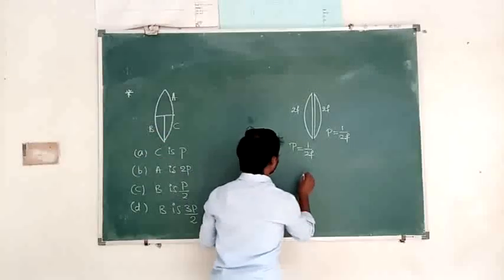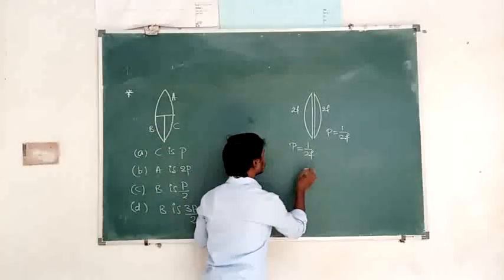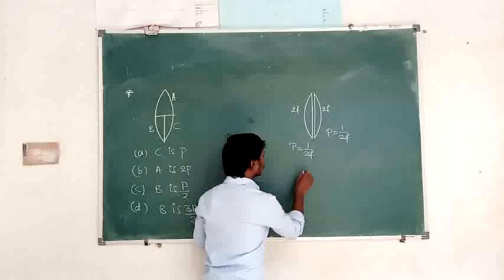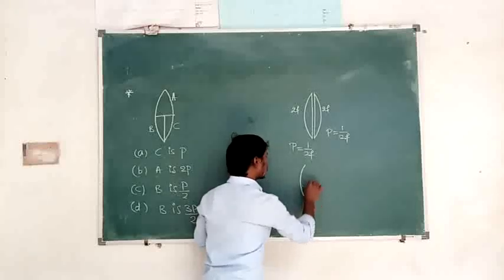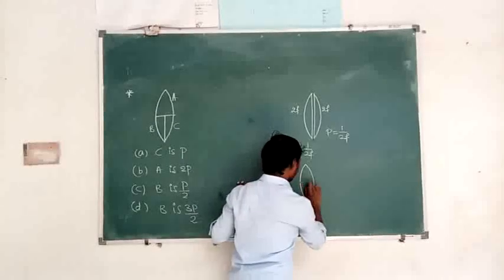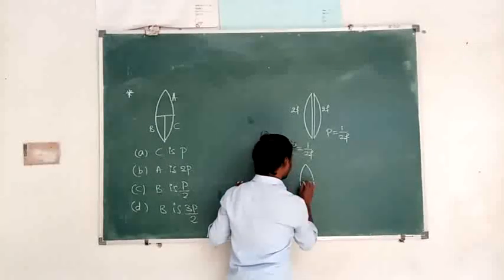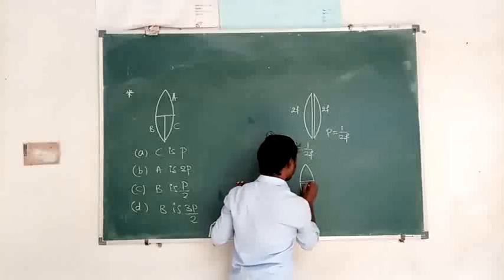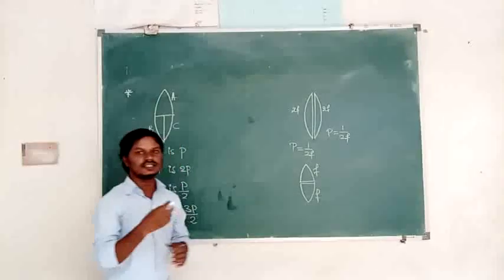But here we are going to find the next case. If the lens is cut along the principal axis like this, then what is the focal length of each part? Focal length of each part remains the same, that is f, but the intensity of the light reduces.